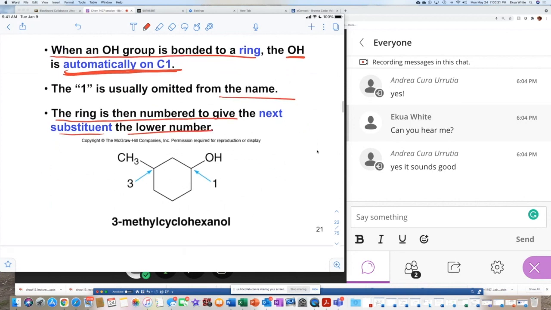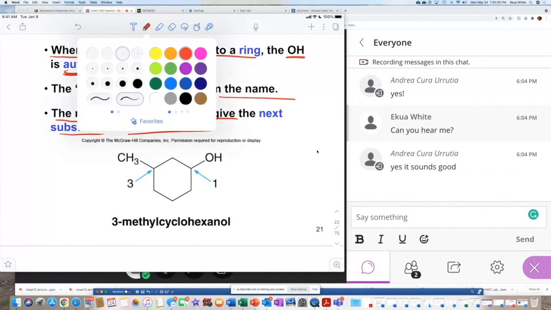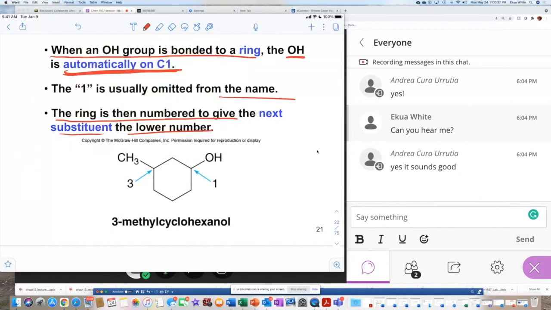So let's look at this here. This carbon here is 1. These rules are a little tricky, so I usually make sure I have the rules written down somewhere. This is carbon 1, and then you want to number this counterclockwise to give the substituent a small number. Don't number it clockwise.